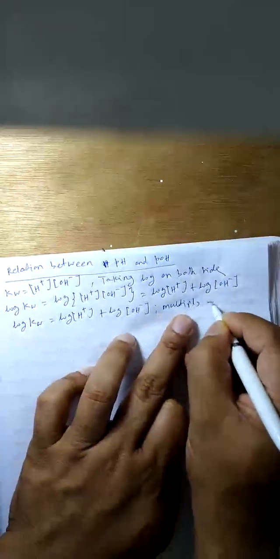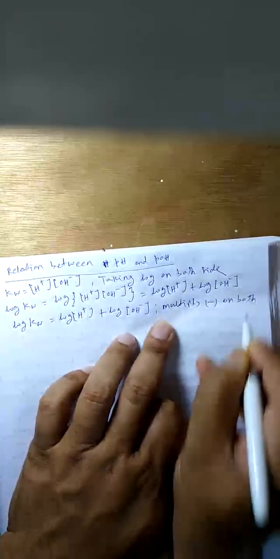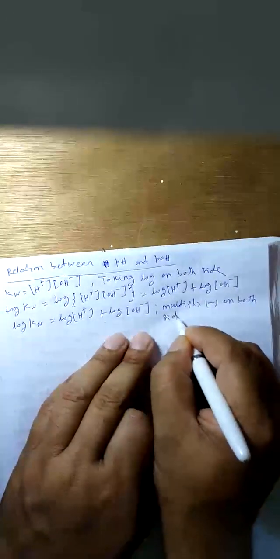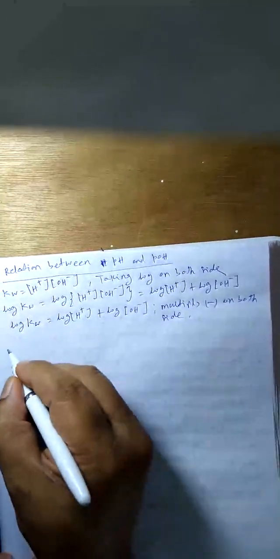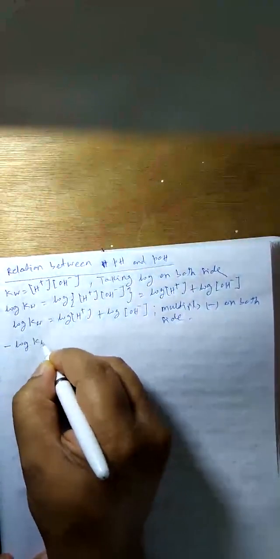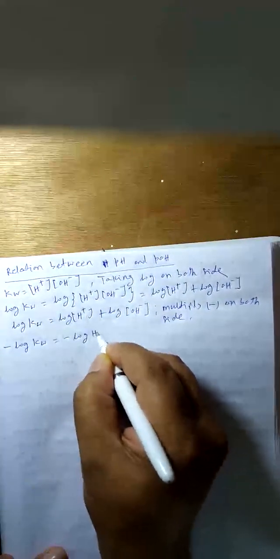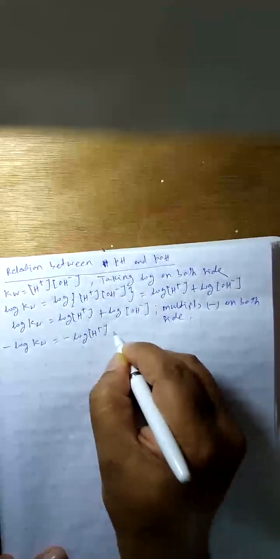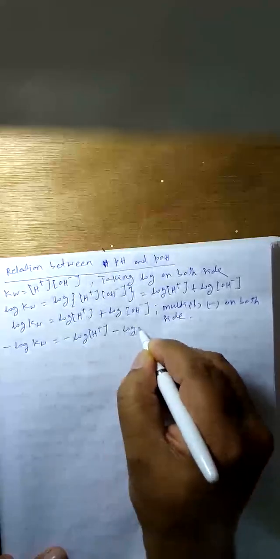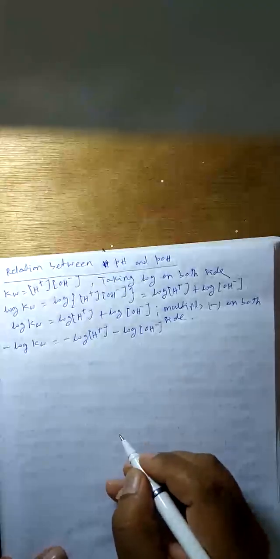Minus log Kw is equal to minus log H plus ion concentration minus log OH minus concentration.